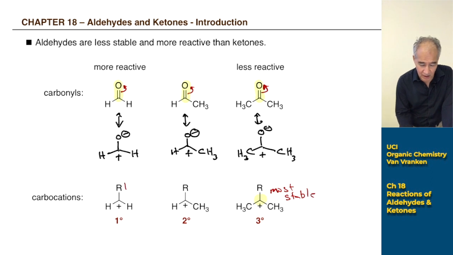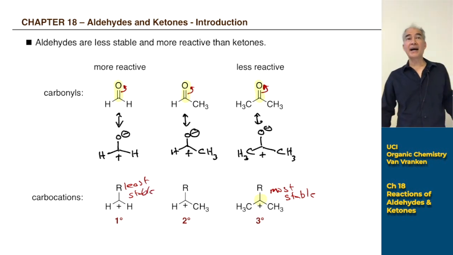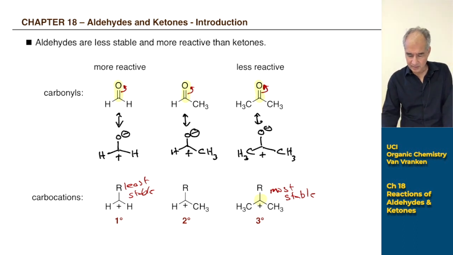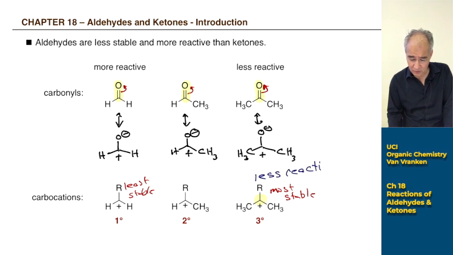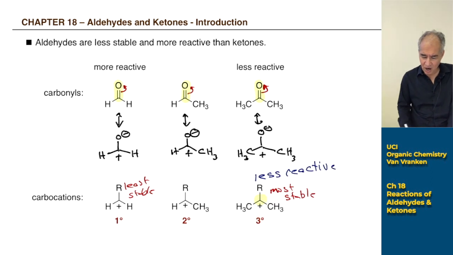And a primary carbocation should be the least stable. And for carbocations, more stable carbocations are less reactive, right? Let me draw that in a blue pen here. More stable carbocations are less reactive. So if you think of carbonyl groups as carbocations, then it's easy to understand this order of reactivity.